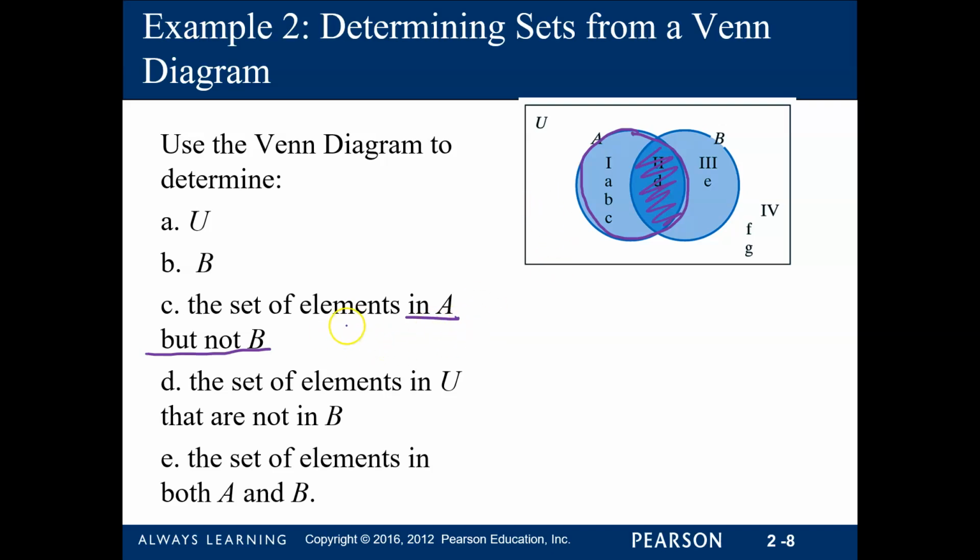So that would be your A, B, and C. All right, so that's how you can work it out. Again, if it helps you to draw the whole set thing.